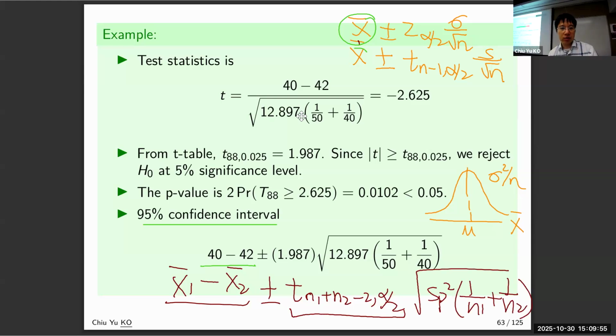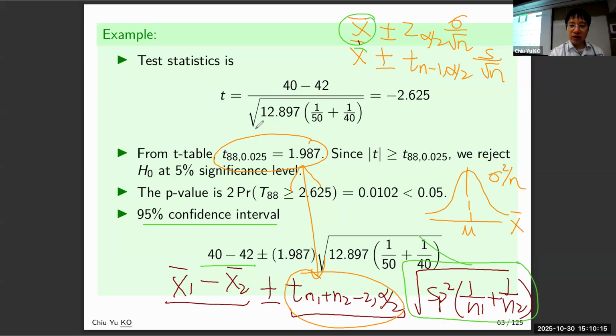Just if you remember, watch carefully, okay? This guy is just our critical value. Same thing. And this guy is from our denominator. So that's why I say the two-tailed test is exactly the same as our interval estimator, right? In general it's like this, but there are some cases where it's not the same, okay? But in this particular case, it's the same thing.